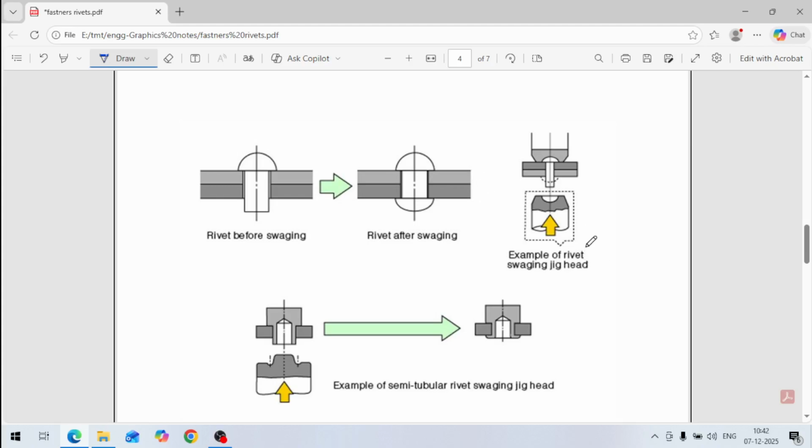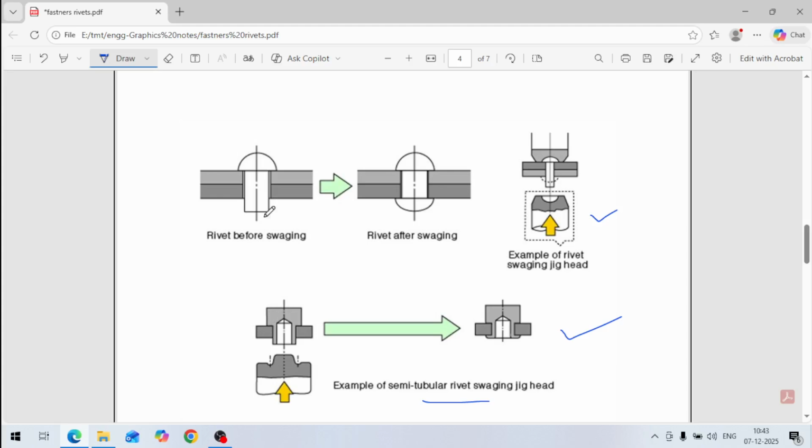This is the example of rivet swedging jig head, and this is the example of semi-tubular swedging jig. So this is before swedging. The semi-tubular rivet is inserted in the hole, and after swedging, this becomes the shape of the die. So this is the semi-tubular type of rivet. This is after riveting, and this is before riveting.